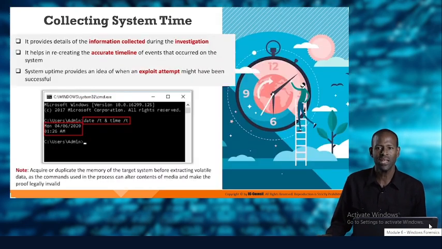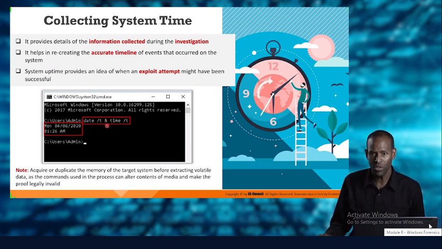Let's start with collecting the system time. What are we looking at in terms of time? There's a command, date /t and time /t, that we can use to get exactly what date and time it is. By the way, we're going to be looking at commands for the most part at the command line, cmd.exe.